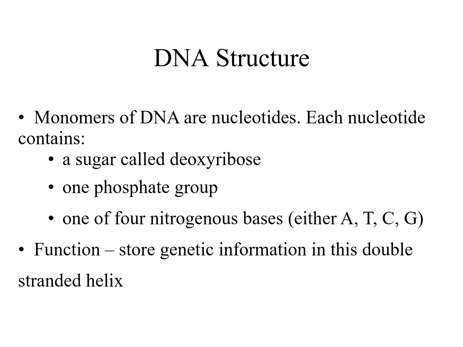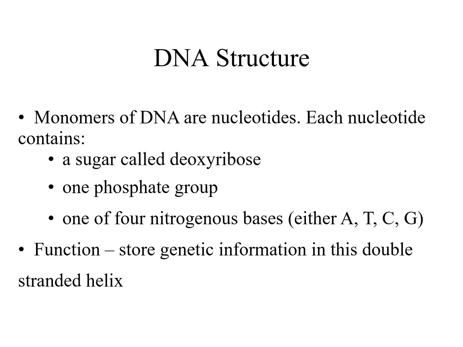The phosphate group here forms the ladders of the DNA molecule. So we have sugars and we have phosphates repeating over and over that make up the backbone, or the sides, of the ladder of DNA. There are 4 nitrogen-containing bases. Each nucleotide has one of these 4. A stands for adenine. What does T stand for? Thymine. C, cytosine.